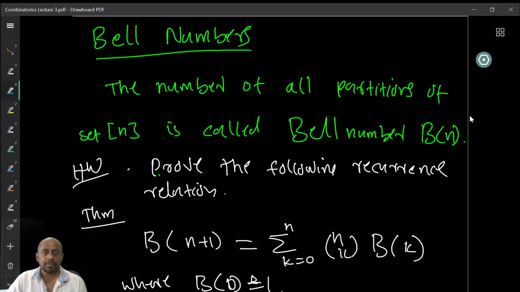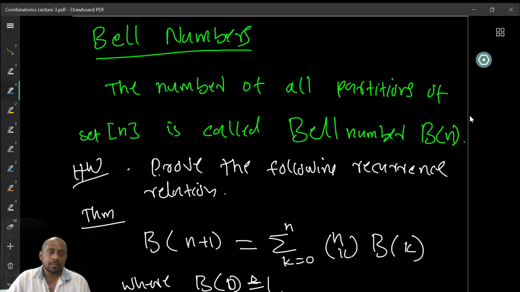Therefore, if you sum over all the Stirling numbers of the second kind, S(n,k), where k ranges from 1 to n, again we will get the number of all partitions, right? So this number, called the Bell number, can be calculated by the summation.